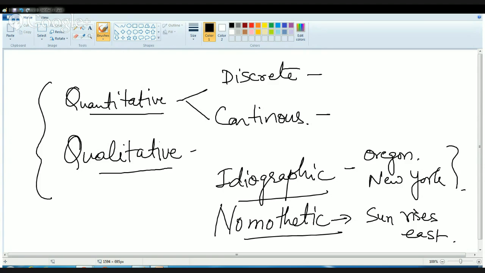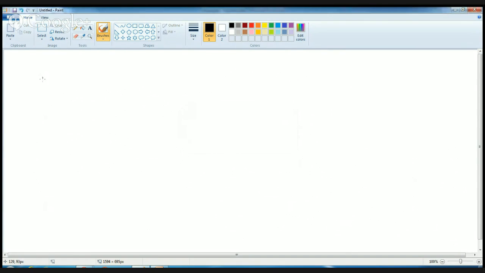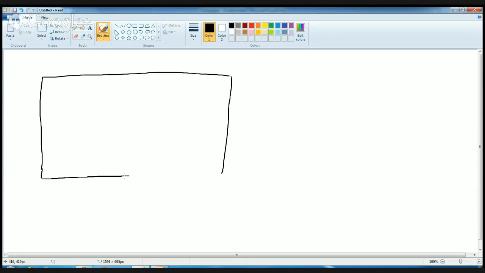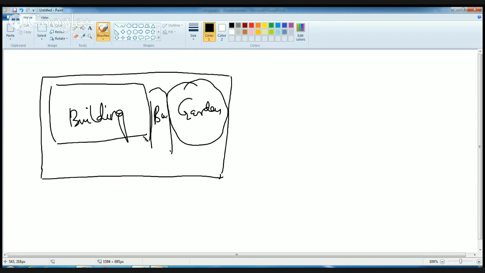The next concept is of map. What is a map and why is it important? If you are studying in a school, for example, this is the premises of your school. This is the building of your school. This is the play area or the garden area. This is the building. And this is the bus route area.